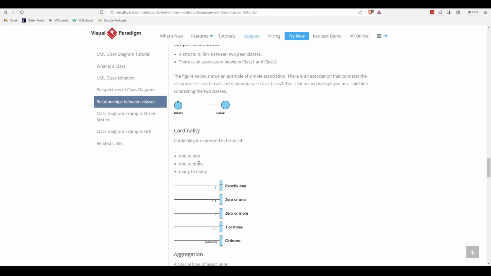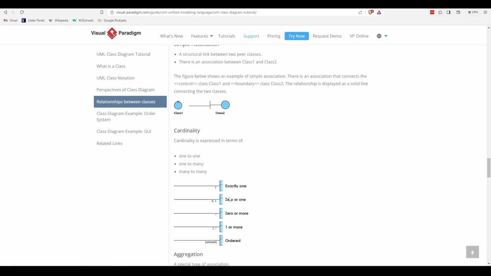Or you could have many-to-many, or just one-to-one. So the association is the solid line, your relationship, and then cardinality is just your numbers. You can see the different ones here. This is exactly 1, so that would be 1. The other class over here, if it was 1-to-1, you would have a 1 there as well. If it was 0-to-1 on this side, 0-to-1, because the thing about relationships is they go both ways. The relationships between classes and objects are always two-way relationships normally.